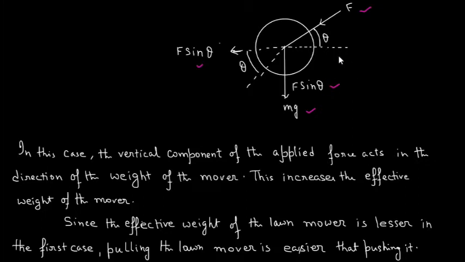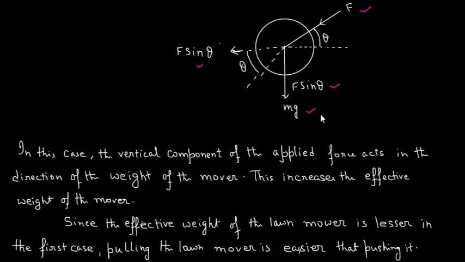This side will be F cos theta, and upward will be F cos theta. Now in this case, the vertical component of the applied force acts in the direction of the weight of the mower. This increases the effect of the weight of the mower.